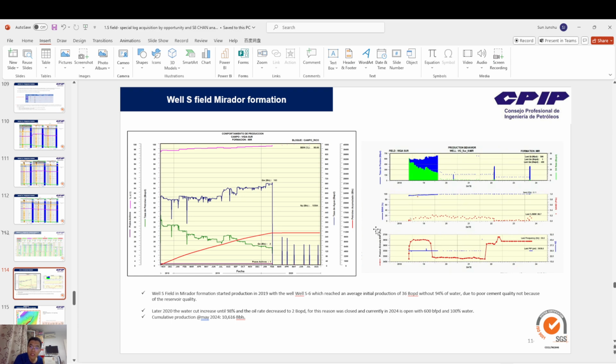Later, in 2020, the water cut increased to 98%, and the oil rate decreased to 2 barrels per day. For this reason, it was closed and is currently open with 600 barrels per day of 100% water. Cumulative oil production 10,616 barrels.